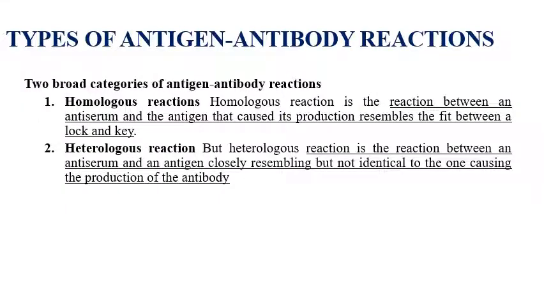Now the types of antigen and antibody reactions. There are two broad categories: homologous and heterologous. Homologous is the reaction between antiserum and the antigen that caused its production, with a resemblance of fit, the lock and key hypothesis. Let us consider the antigen shape is like this; the antibody will also produce the same shape so that it can fit the antigen.